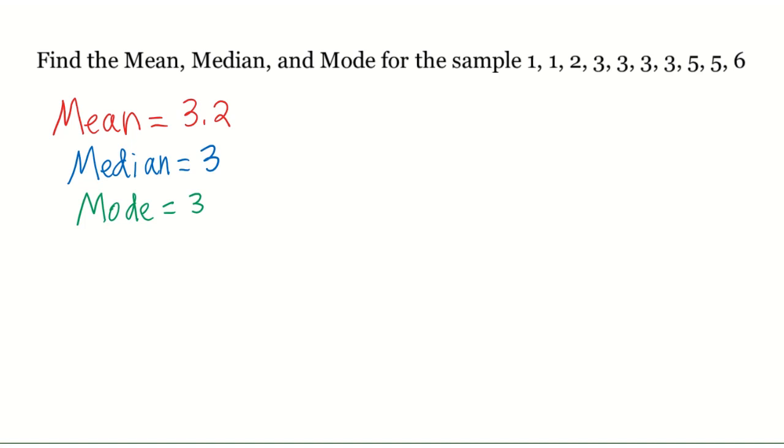So if we were to graph this, just so we can visually see what this data looks like, we're going to put the frequency here, my x values down here. Got 1, 2, 3, 4. Oops, looks like I didn't give myself enough room. One, 2, 3, 4, 5, and 6.